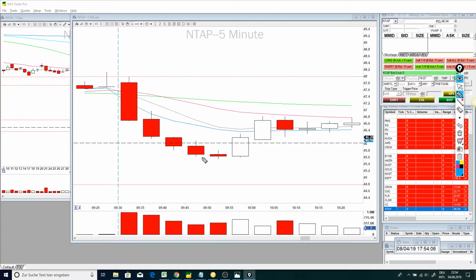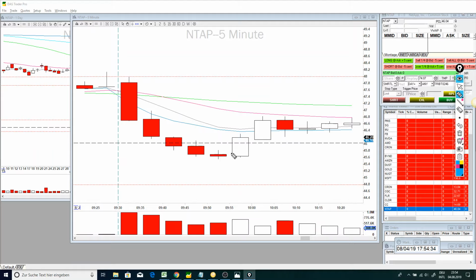The price has finally found a bottom after it has dropped from here, and it's ready to reverse. And when it reverses, it happens so fast. You can see these two candles cover more than half of the drop.